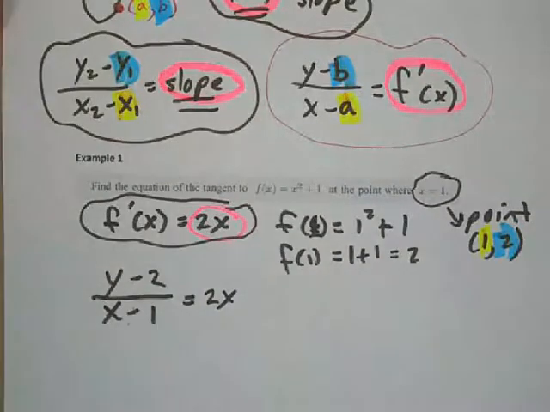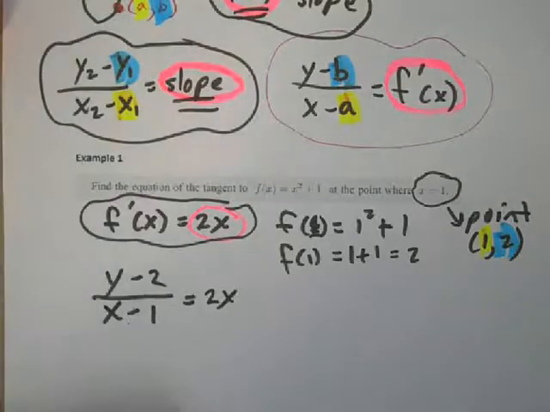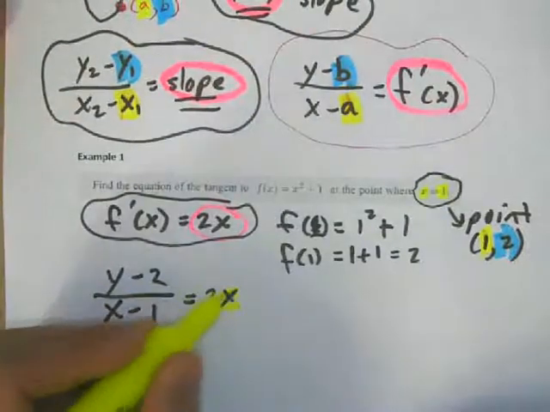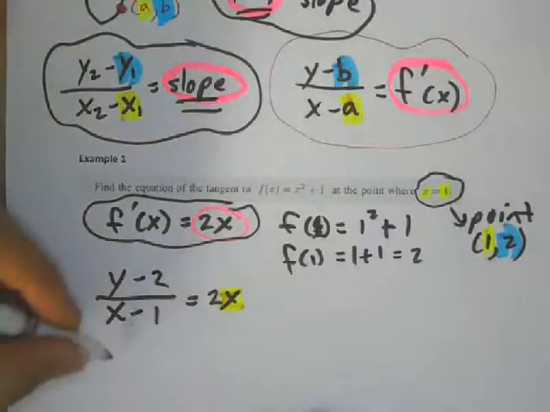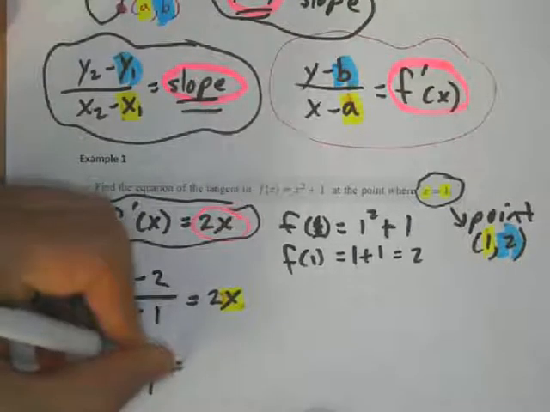Okay. But what's the value of x? We know that x equals 1. So I'm going to replace this with, guess what? 1. So now I've got y minus 2 over x minus 1 equals 2.